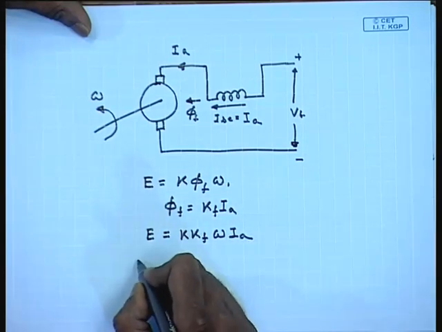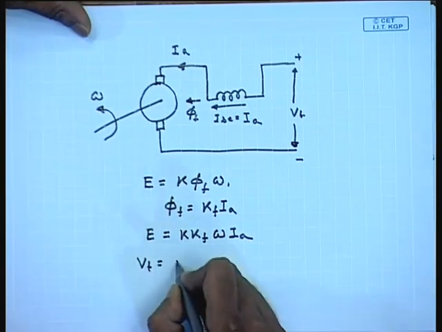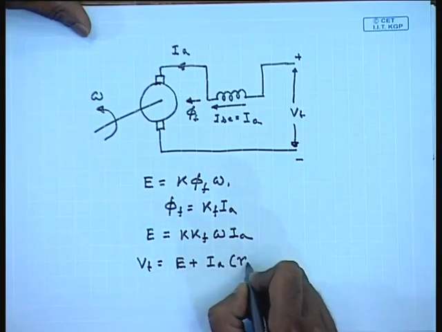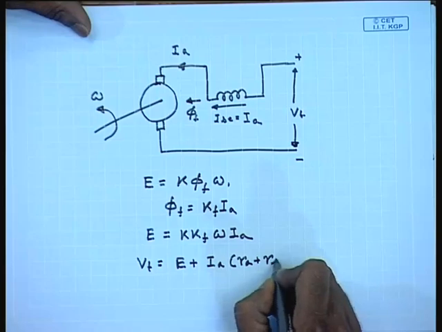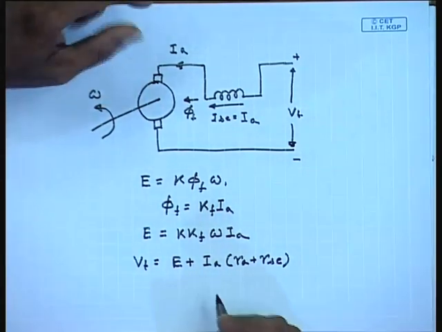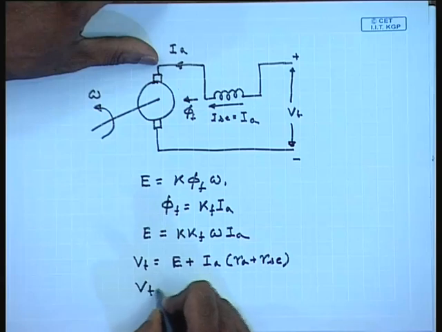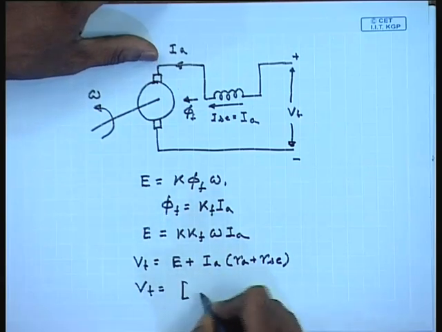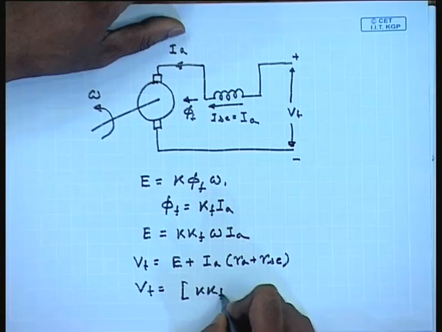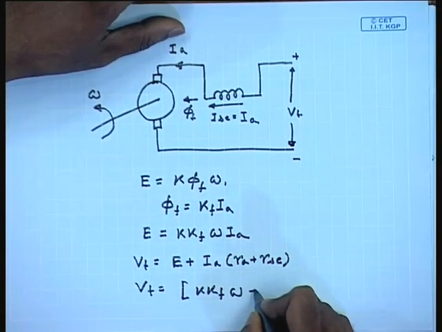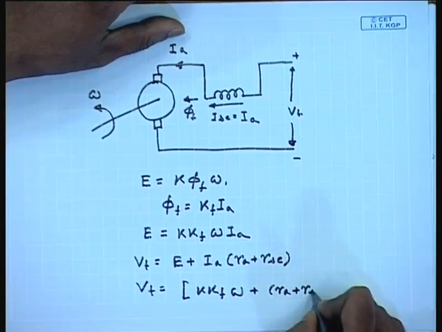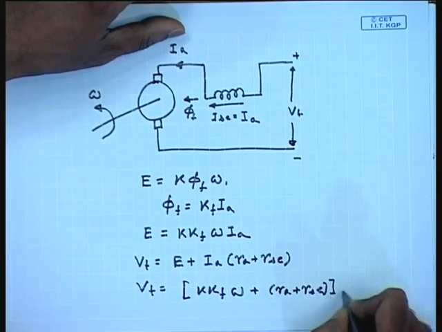Also, V t equal to E plus I a into R a plus R a c, or V t equal to K K f omega plus R a plus R a c into I a.